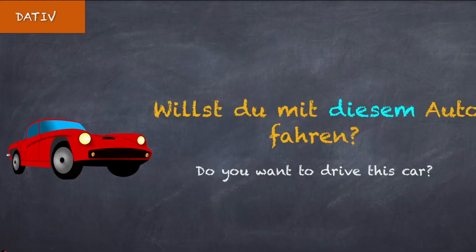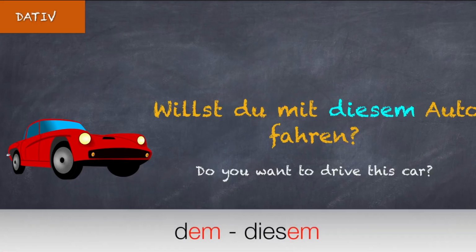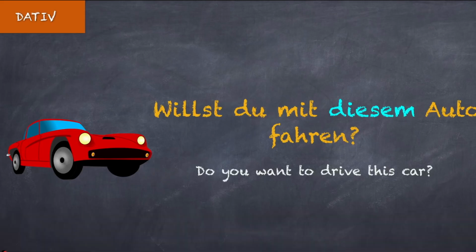Das Auto changes to dem Auto with the definite article. Similarly, the demonstrative article will be diesem. The ending em comes from the dative article dem. For the masculine article and the neutrum article in dative, we use the same demonstrative article, diesem.